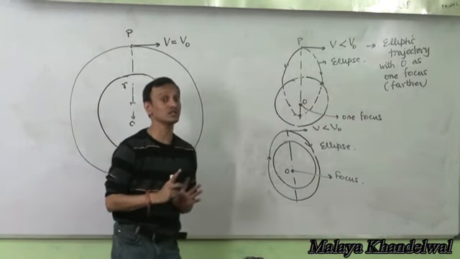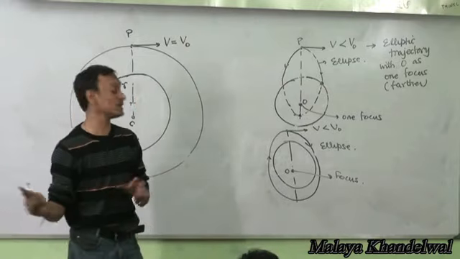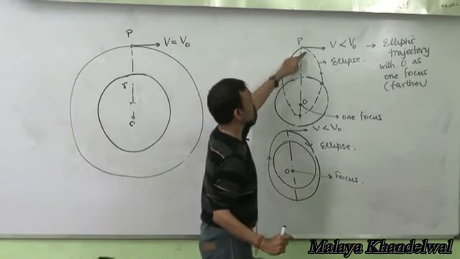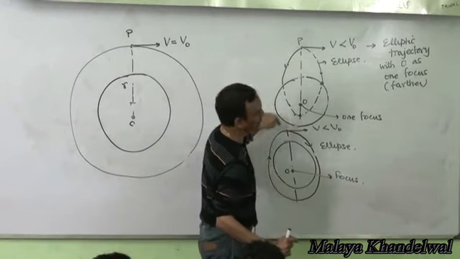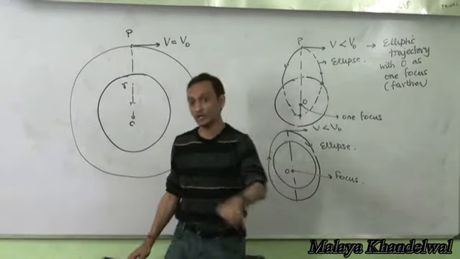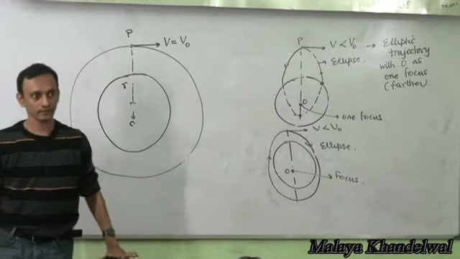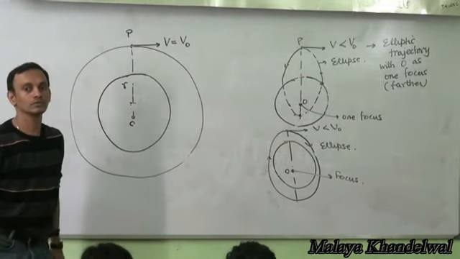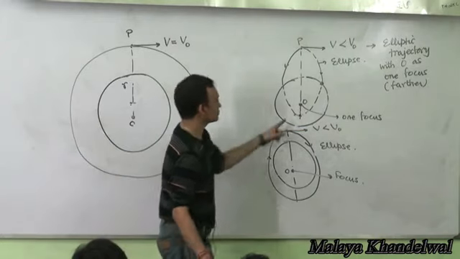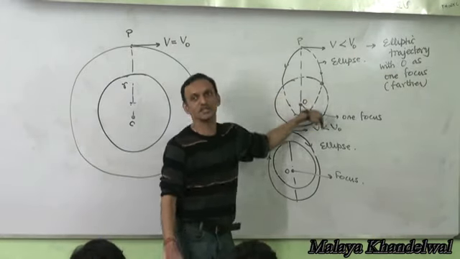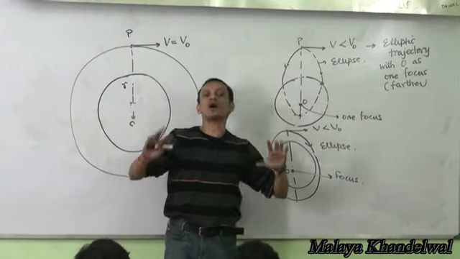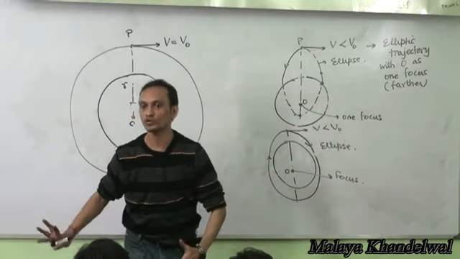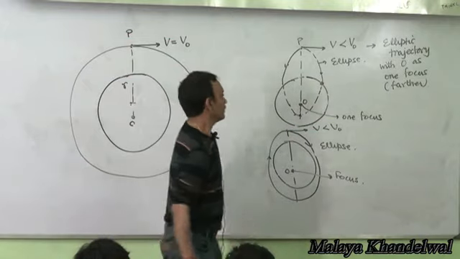So if the velocity imparted is less than the orbital speed, then either it will execute an incomplete ellipse or it could execute a complete ellipse with the center of the earth being one of the foci. Right? So when it strikes the earth, this is one case. When it does not strike the earth, this is another case. It only depends on how much smaller it is compared to the orbital speed, right?